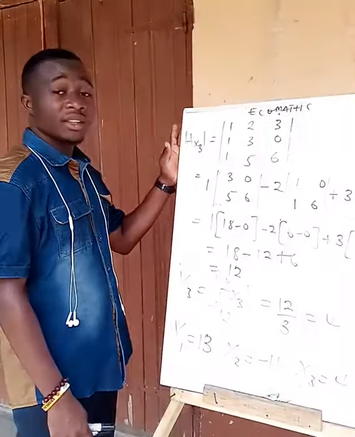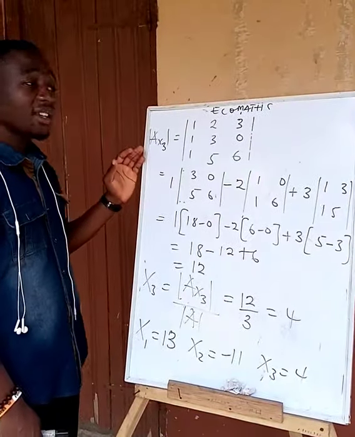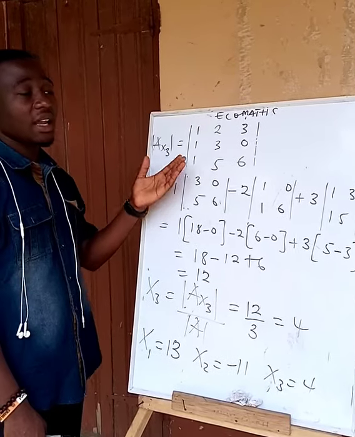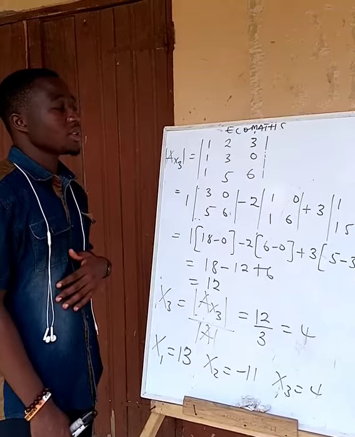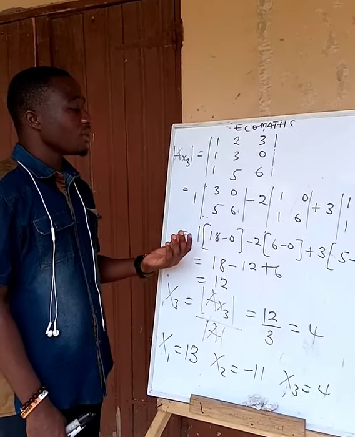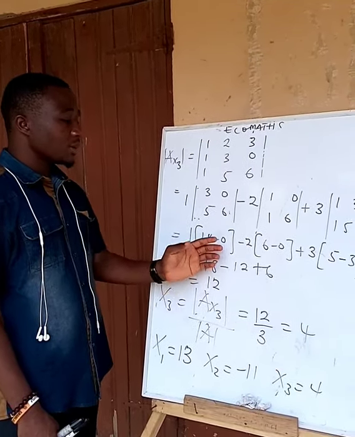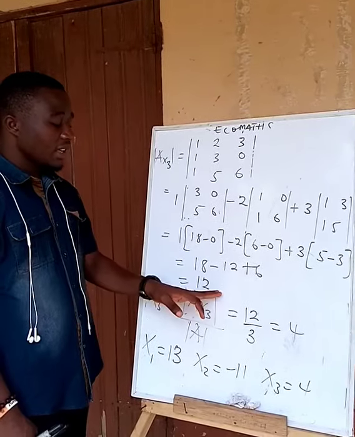So we come to the third one as well. Now we are finding the determinant of A subscript x3, and I earlier said that we should replace the third column by the constant matrix. So we do that, we find the determinant of this particular matrix, and we get 12.